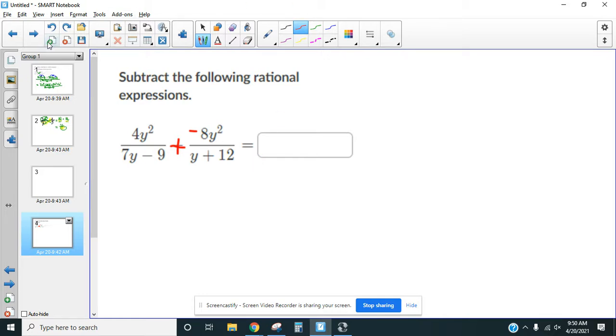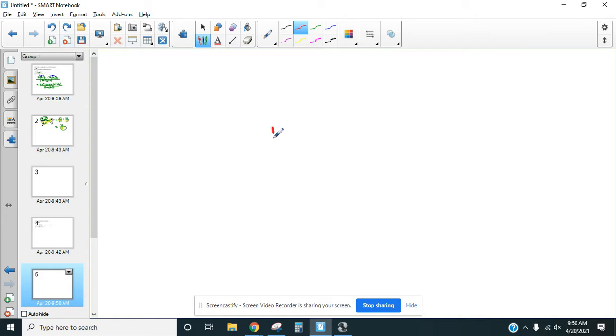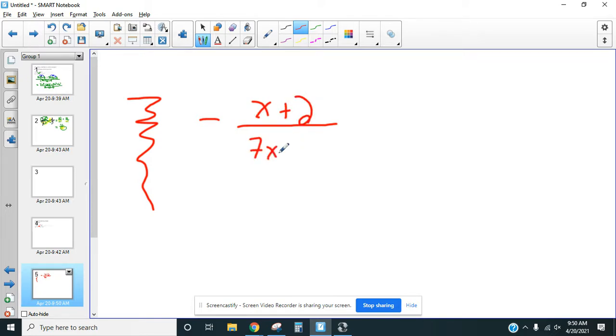Now, quick little sidebar. What if it was something like this? What if it said minus, so whatever the fraction was over here, and then it said minus x plus 2 over 7x minus 5 or something? We would have to change this to plus, but we can't just change one thing.